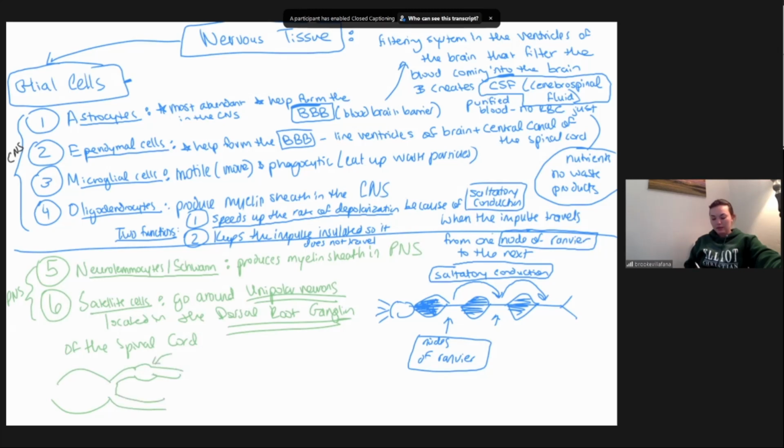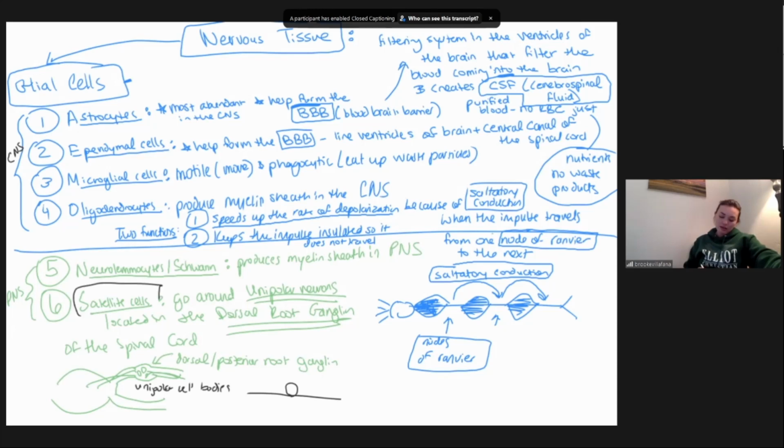And this is the dorsal or posterior root ganglion. And inside we have our various unipolar cell bodies. Unipolar are the ones that look like this.